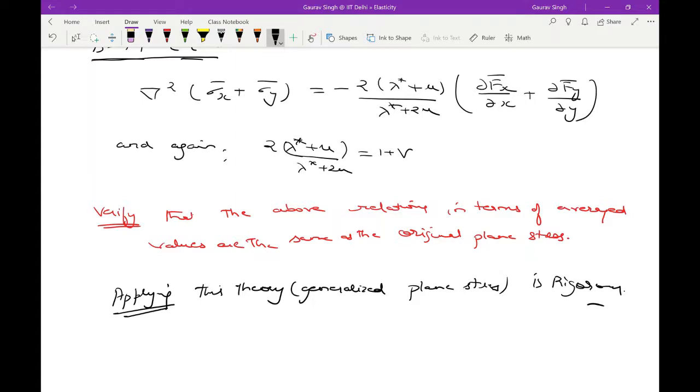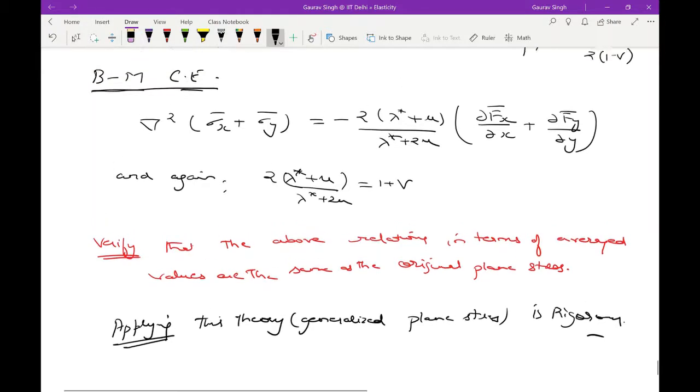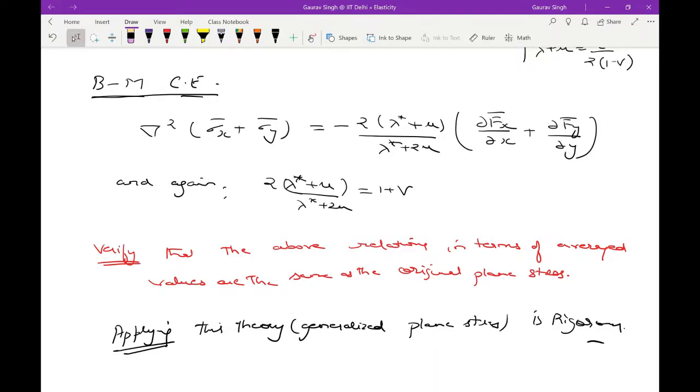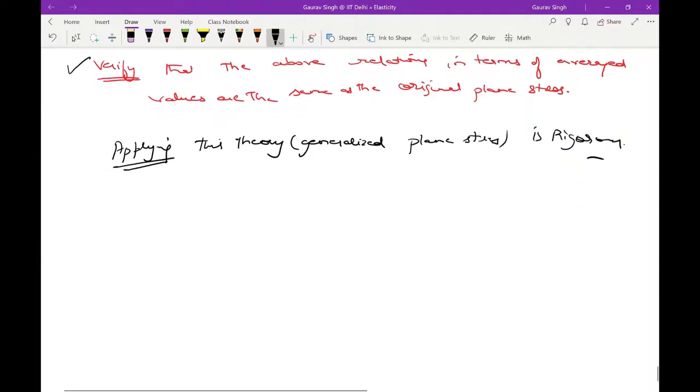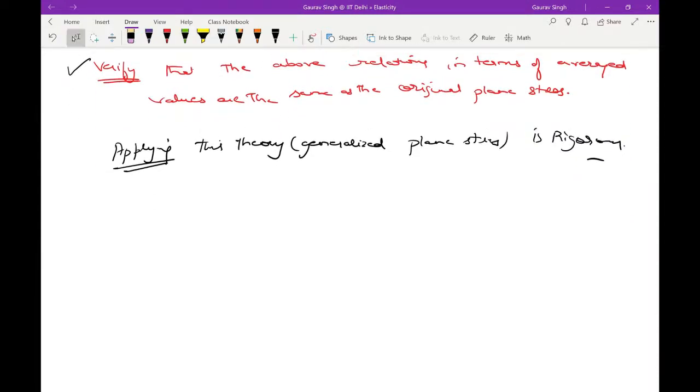What we do is, because of this rigor, we just ignore this theory as such and continue using the plane stress which we had learned before, just because the equations are exactly the same, so this rigor is not worth it. Though it still has its problem, we just continue to use it. So in a practical sense, that's what happens.